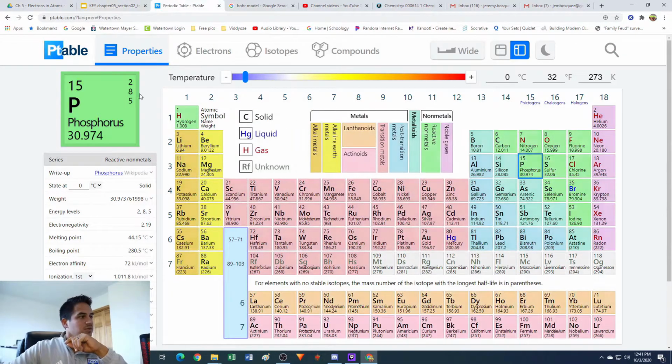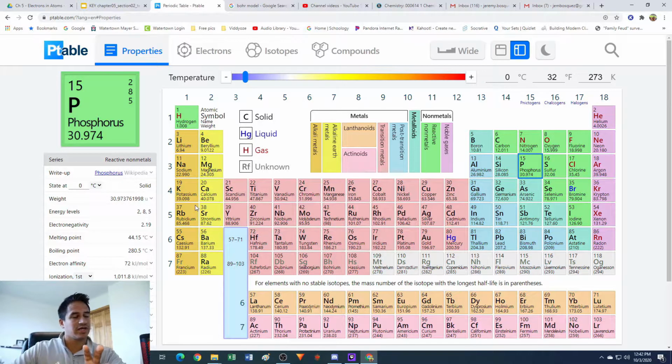So the rows of the periodic table are the energy levels. Okay, so row 1, row 2, row 3, row 4, row 5, 6, and 7. And the sections of the periodic table are the different orbitals. The first two columns, column 1 and column 2, are all elements that have electrons in S-shaped orbitals.